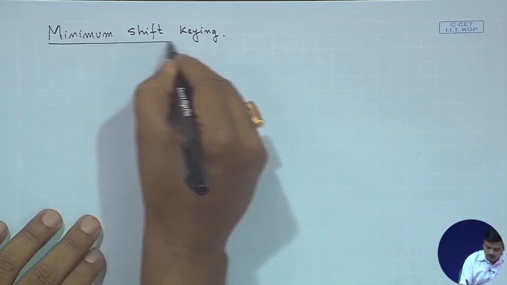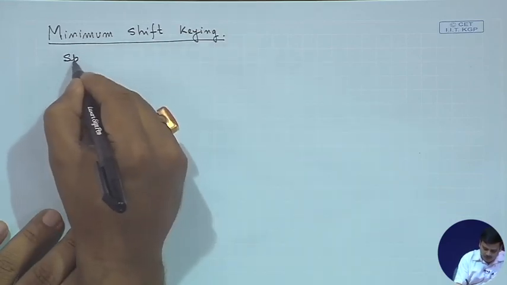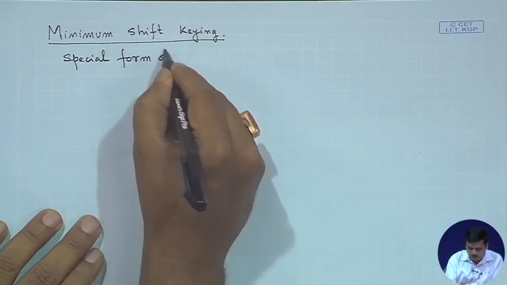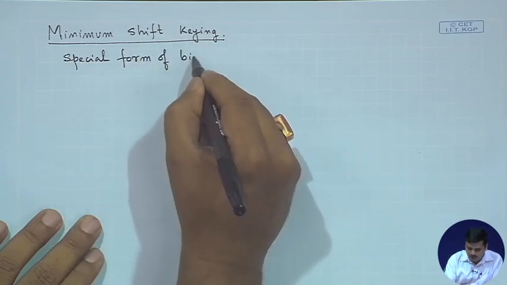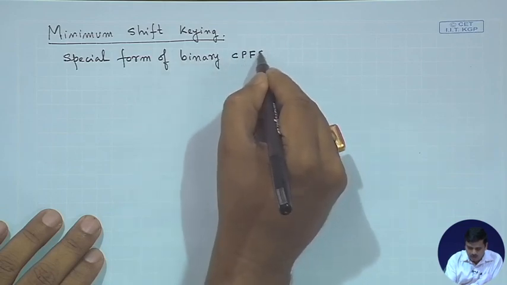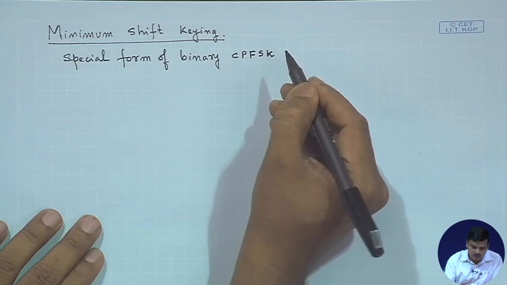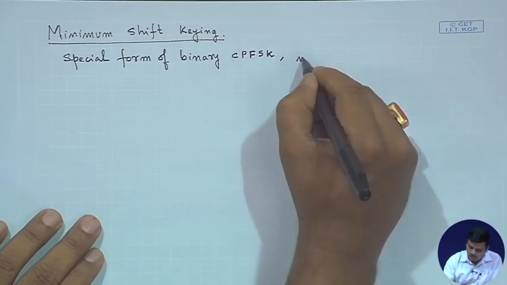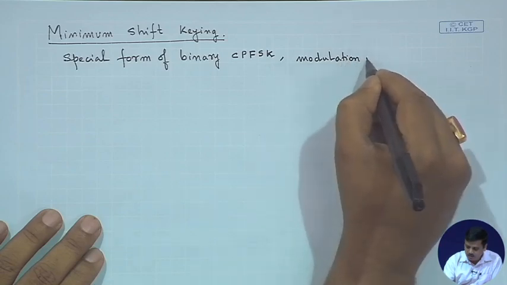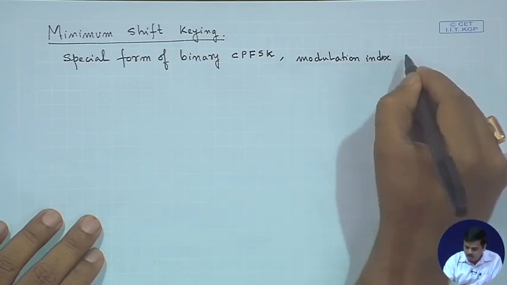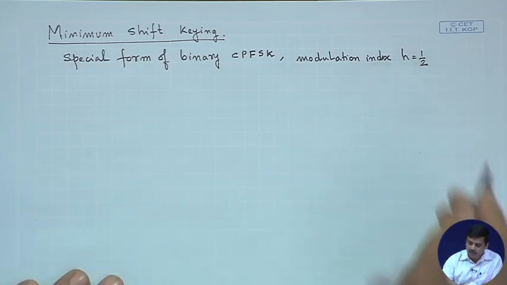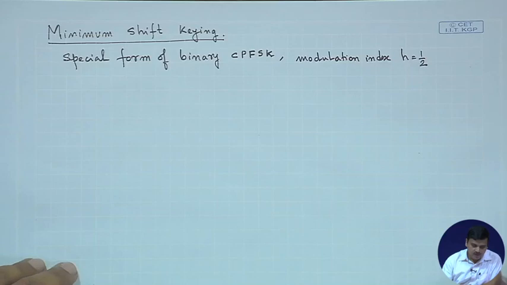Minimum shift keying is a special form of binary continuous phase frequency shift keying, where you have the modulation index h set equal to half. So, this is the baseline that we have with us, and we will proceed with this.